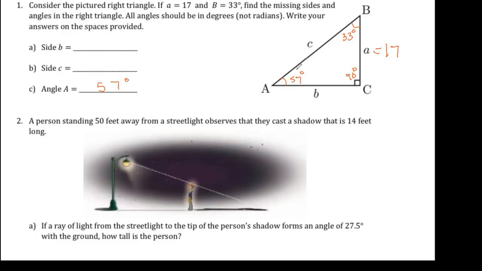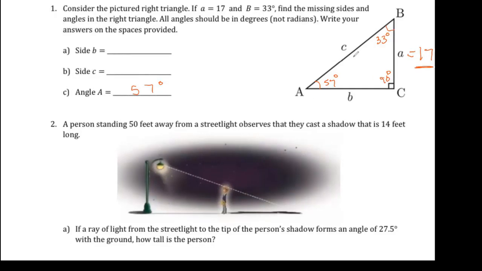If I want to find out side B, I think the thing I need to do first, I'm only given this one side. And if you remember from the right triangle trigonometry video, we have SOHCAHTOA, which means sine equals opposite over hypotenuse, cosine equals adjacent over hypotenuse, and tangent equals opposite over adjacent.